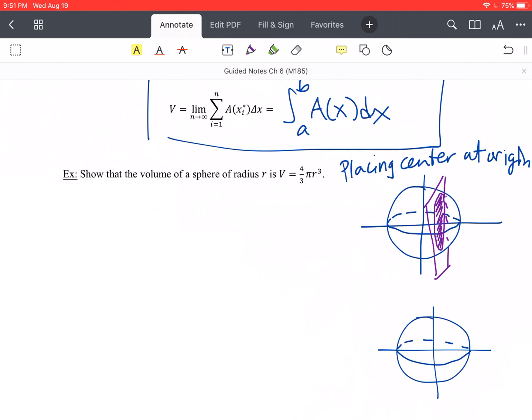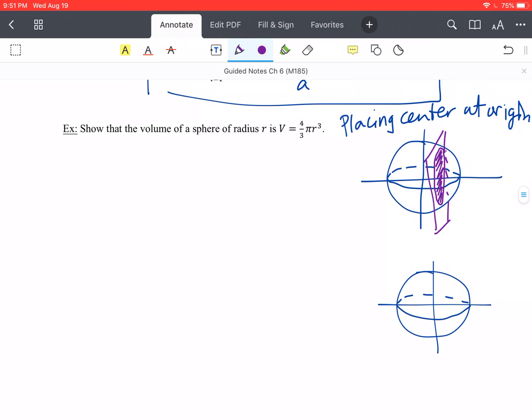So, in order for us to be able to work with this circle, we need to figure out a formula for it, basically. So obviously the radius of the sphere is r. So that we know.